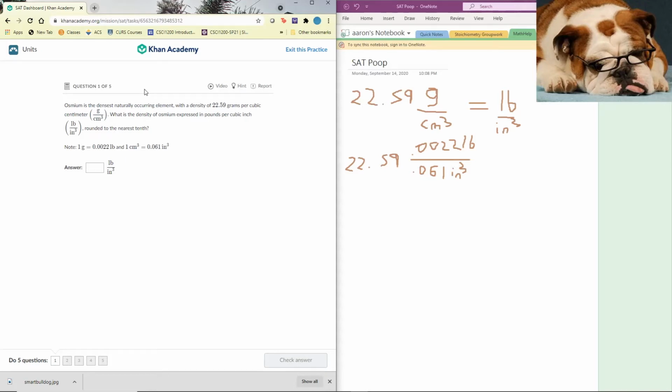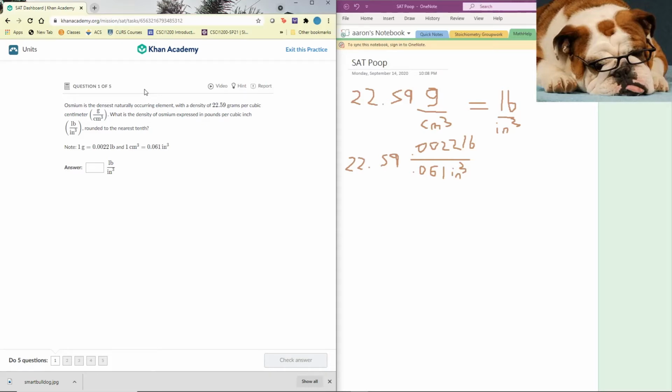I'm sorry. Okay, so in our calculator, we'll enter 22.59 times, and then we'll do open parentheses 0.0022 divided by 0.061 close parentheses.